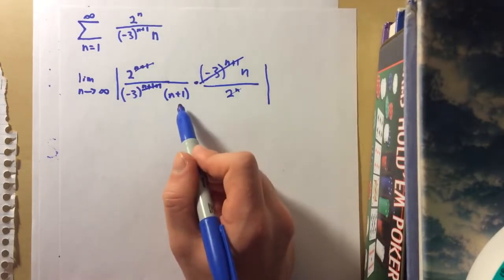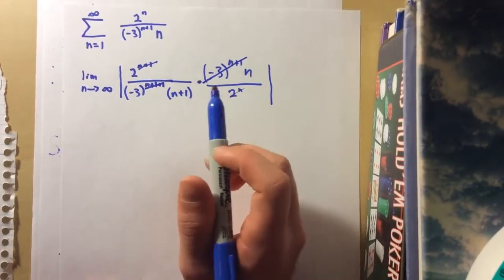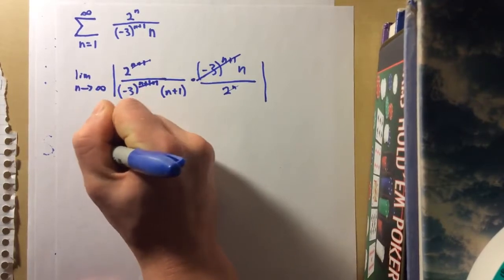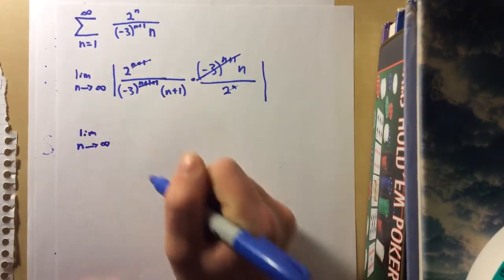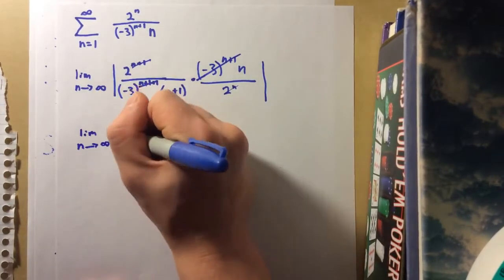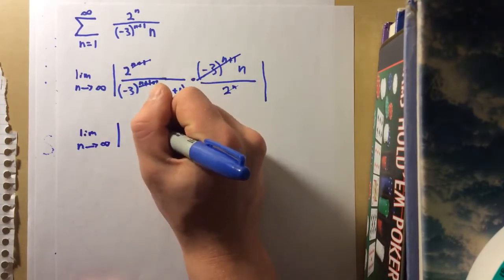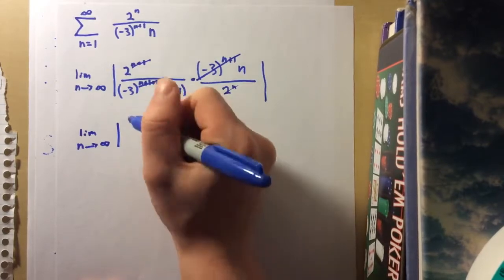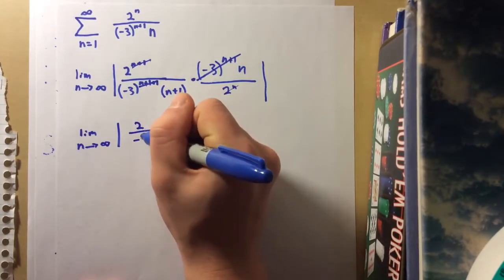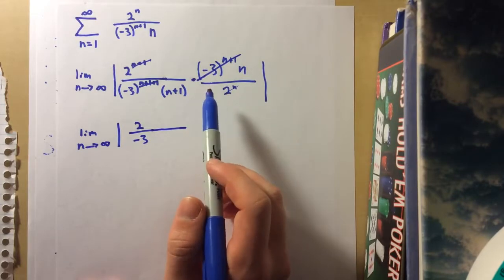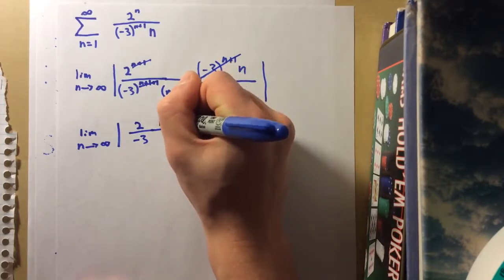This n over n plus 1, we can't really do anything about that yet. So if we simplify that, we have the limit as n approaches infinity of the absolute value of 2 on top and a negative 3 on bottom, and then n over n plus 1.